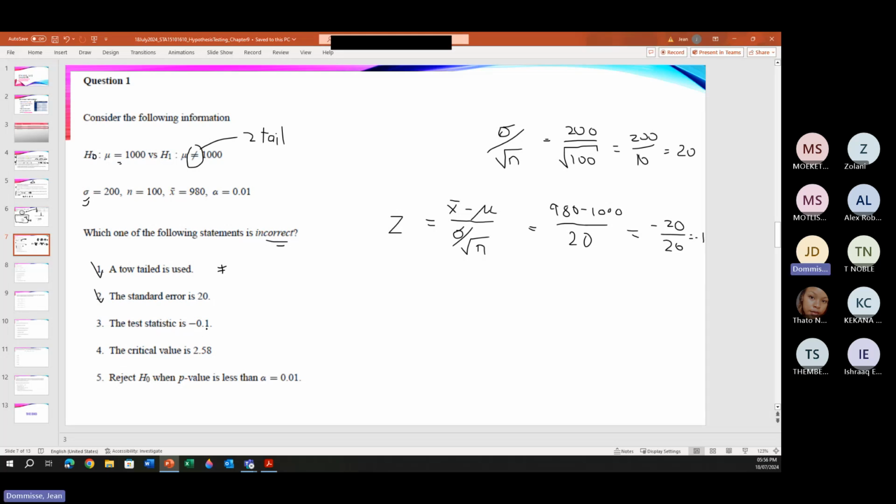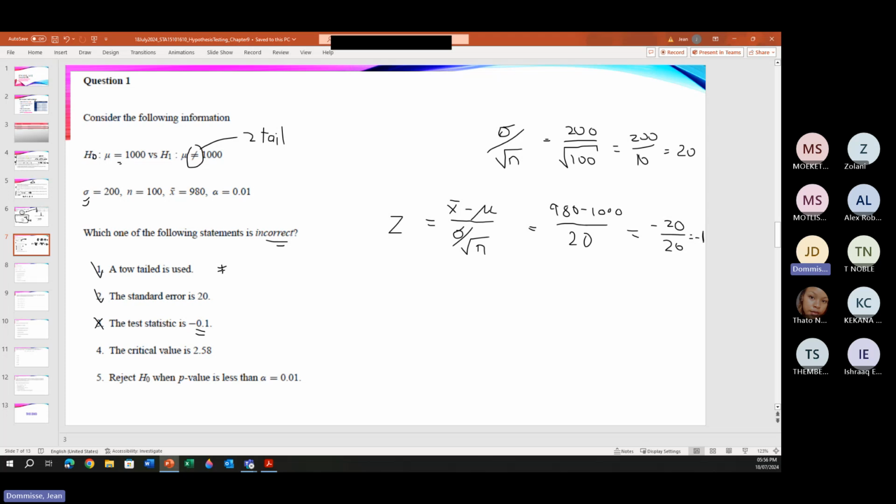Again, it is very easy to make the mistake to say minus 0.1 if you read it off the calculator incorrectly, but that is the incorrect answer, because we actually have minus 1, because minus 20 divided by 20 is equal to minus 1.